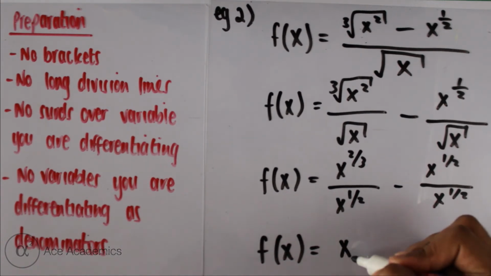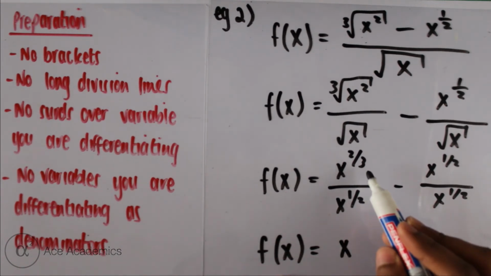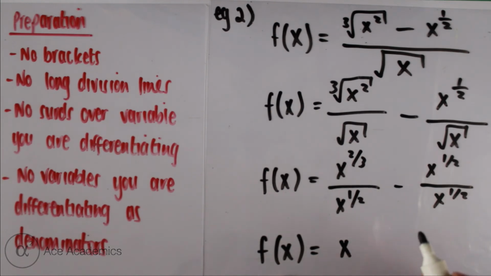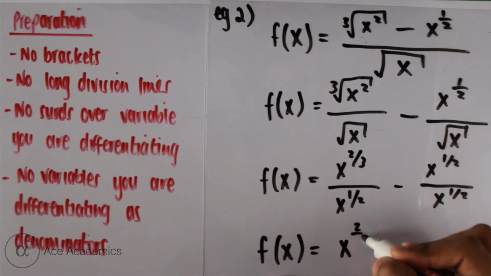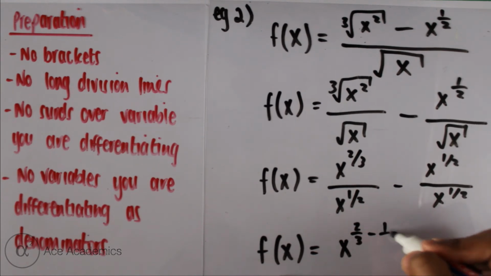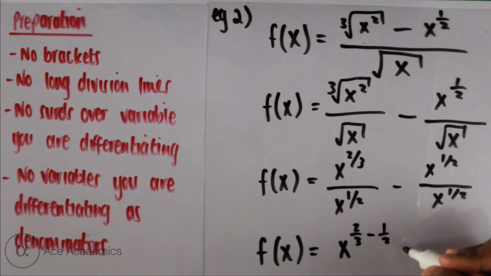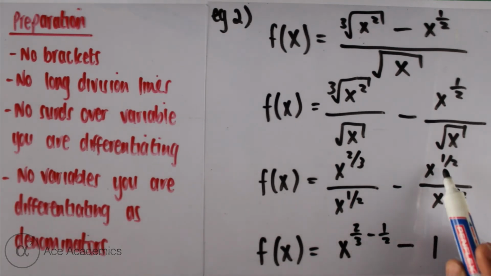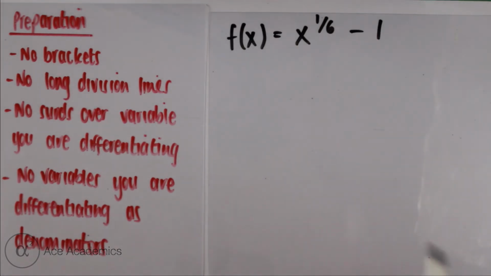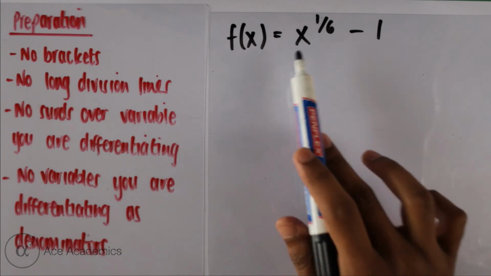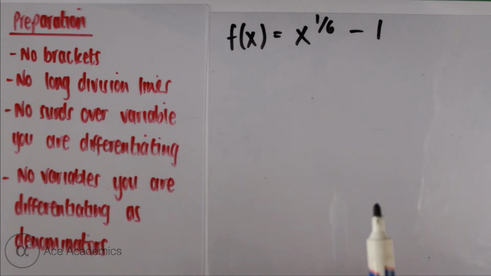So this becomes x to the power 2 over 3 minus a half. Minus 1, because these two terms cancel out and we just get 1. Right, so we're left with f of x is equal to x to the power 1 over 6 minus 1. And all our preparation steps are complete.